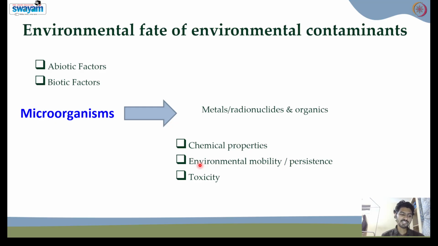So the scientists try to decrease its oxidation state to 3 plus so that it might be less toxic and acceptable to the environment. So these are the three important factors that determine the progress of bioremediation. The first is their chemical property. The next is the persistence of the particular pollutant, and the third is the toxicity of the contaminant.